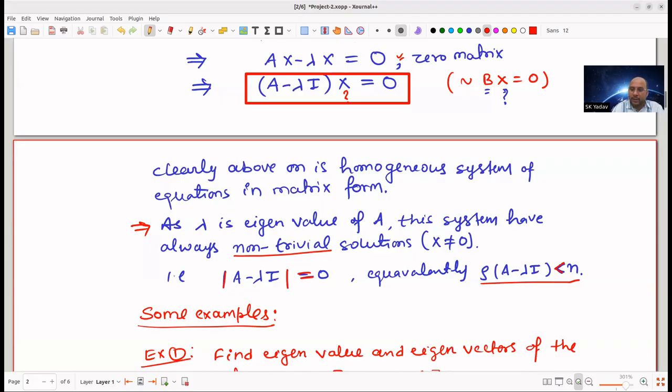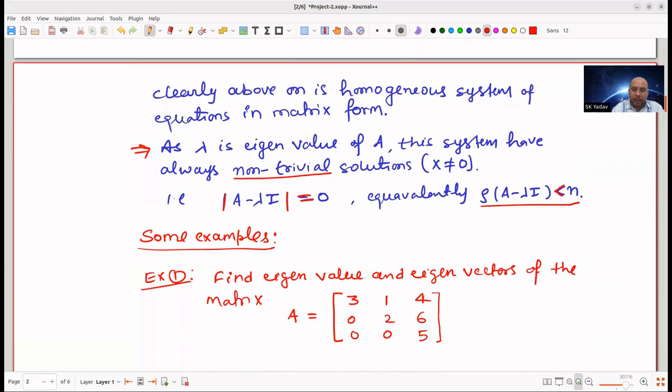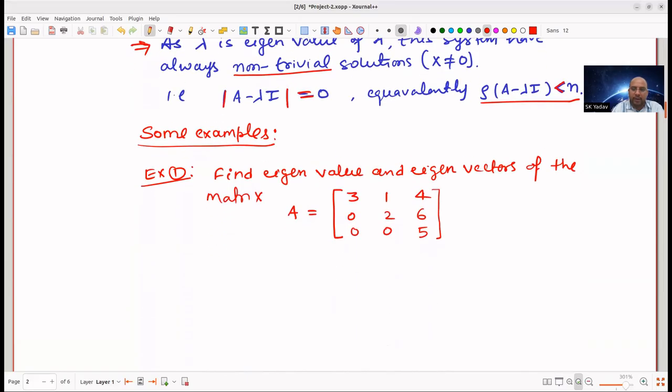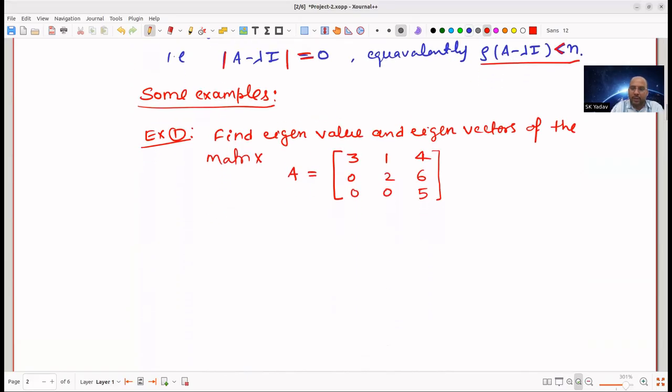Now let us see a few examples of how to find eigenvalues and eigenvectors. First, I have taken one example here. Find the eigenvalues and eigenvectors of the matrix, which is given as a square 3 cross 3 matrix. This is a particular type of matrix, which is upper triangular.